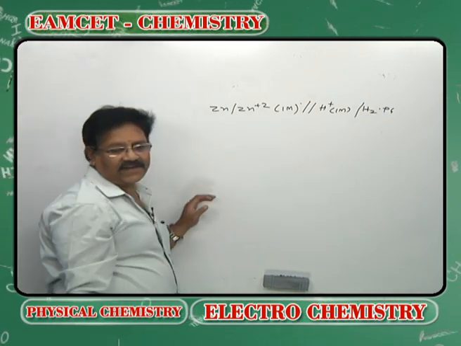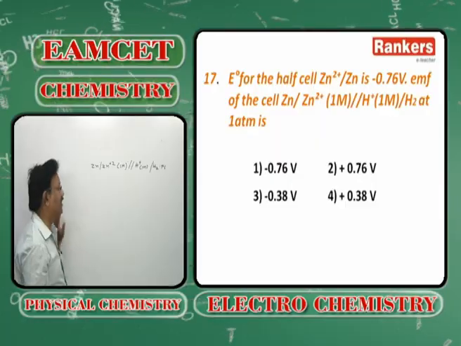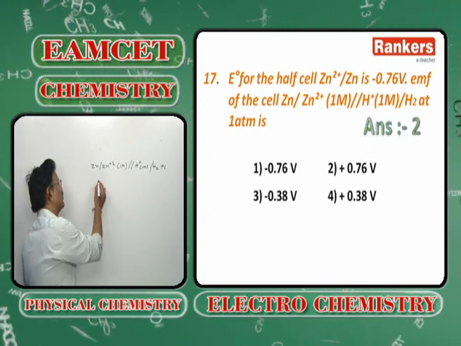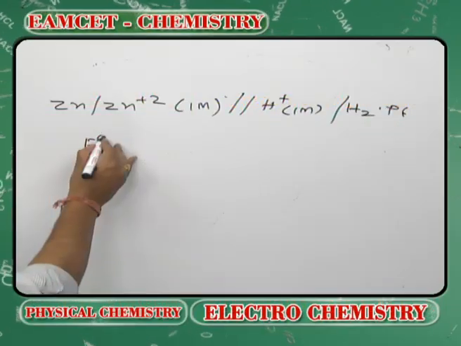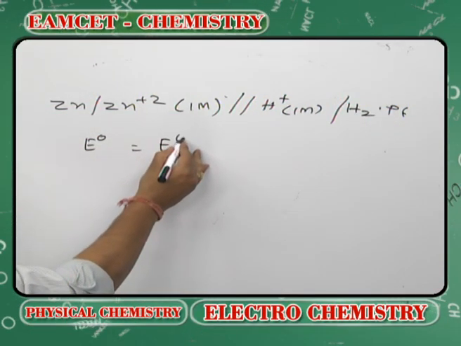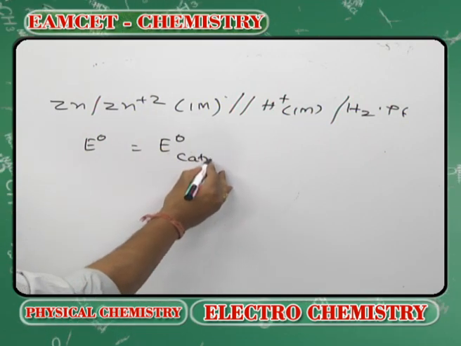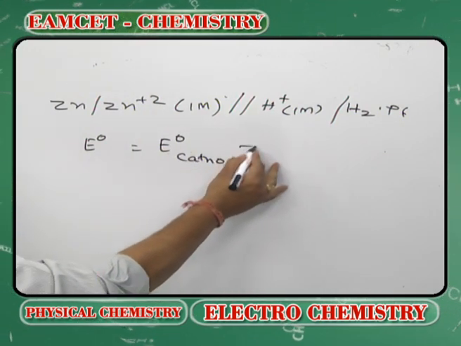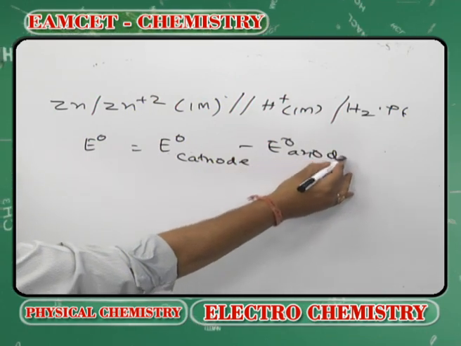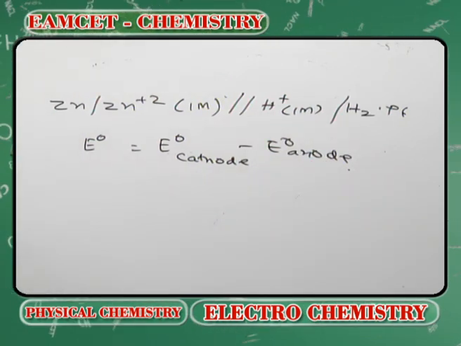At standard conditions, what is the EMF of the cell? It is E naught of the cathode minus E naught of the anode.